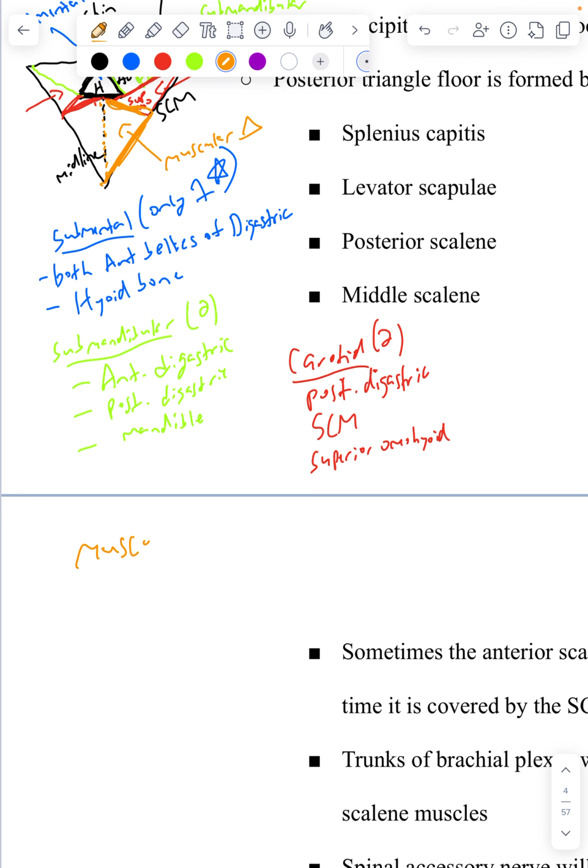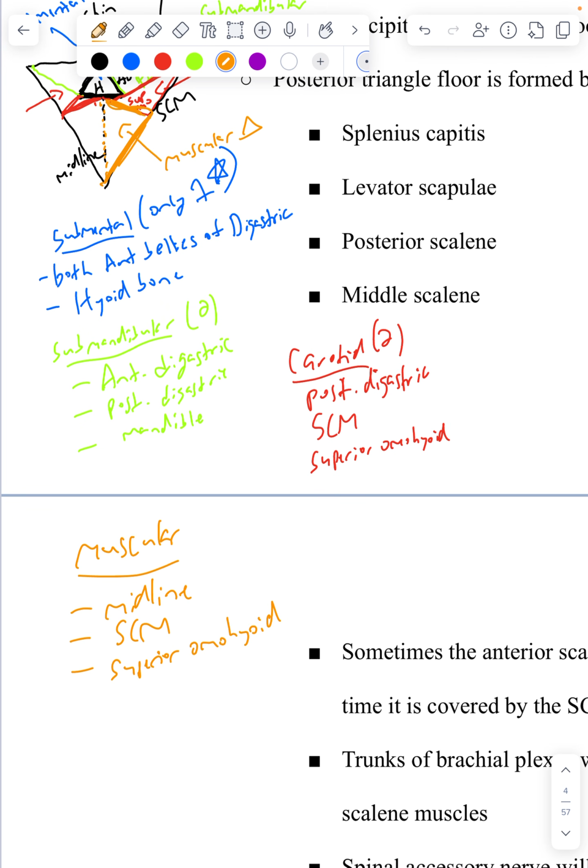So your muscular triangle, you can probably guess it, has most of these muscles that are infrahyoid. So the borders of this are your midline or mid-sagittal line, your sternocleidomastoid, and then your superior omohyoid.